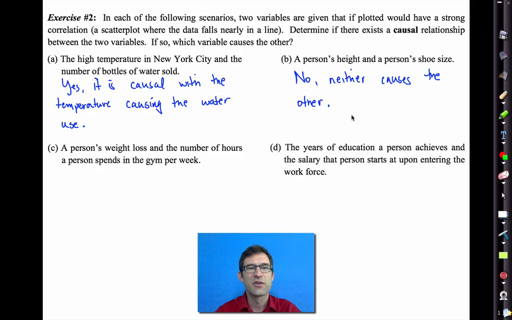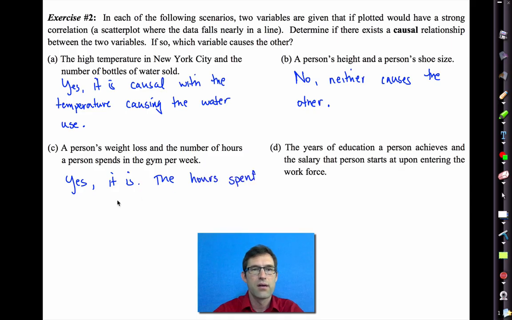Here we go. Letter C, a person's weight loss and the number of hours a person spends in the gym per week, right? That was the thing that I was botching on the other one. Is that causal? Think about it. And the answer is yes, it is. And we'll say this time, the hours spent cause the weight loss.